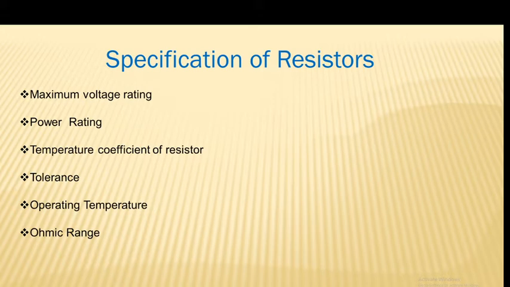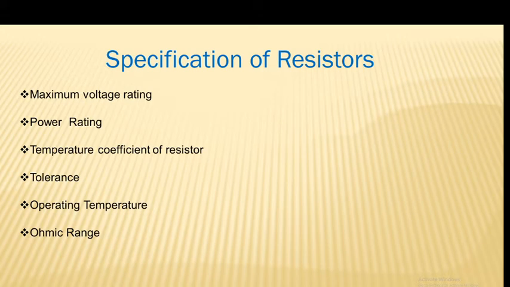Next specification is temperature coefficient of resistor. When there is a change in temperature, resistance of the resistor is also changed. Hence, the temperature coefficient plays an important role whenever you select the resistor.